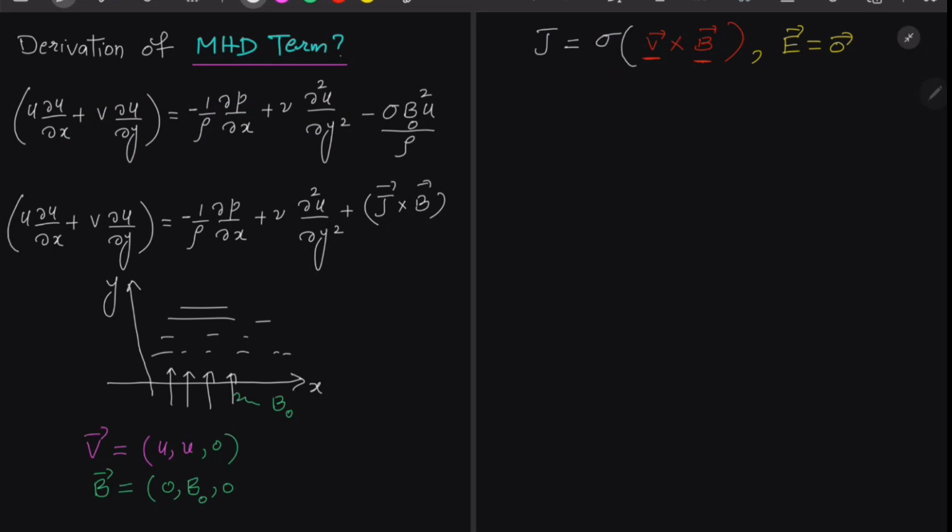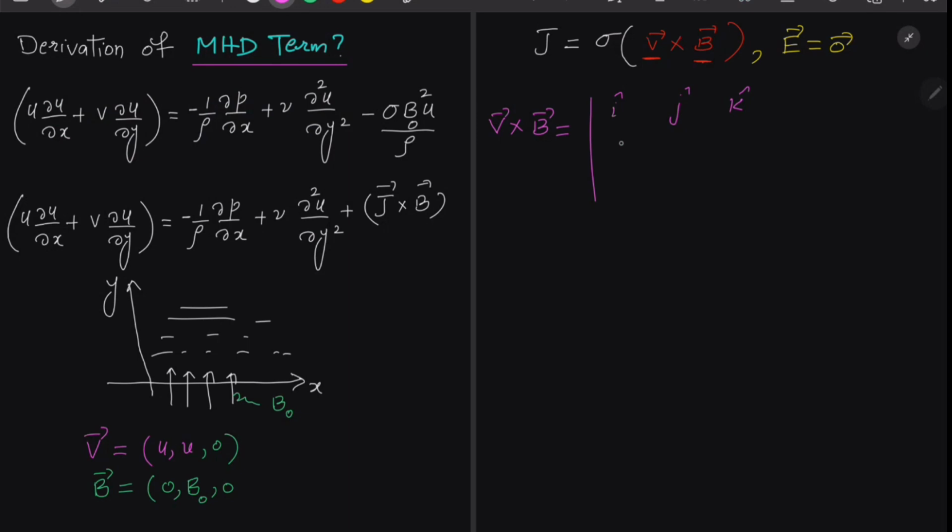Now remember that we have to apply the cross product here. V cross B will be equal to the determinant of i, j, k, with the velocity field written as u, v, 0, and the magnetic field that we applied in the y direction as 0, B naught, 0.